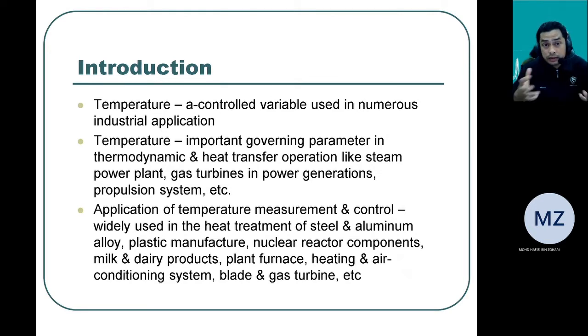Also in a nuclear reactor, we have to maintain temperature, because it's very important to make sure that there's a coolant system to cool down the reactor core. If we don't properly cool the core, there is a risk of explosion.